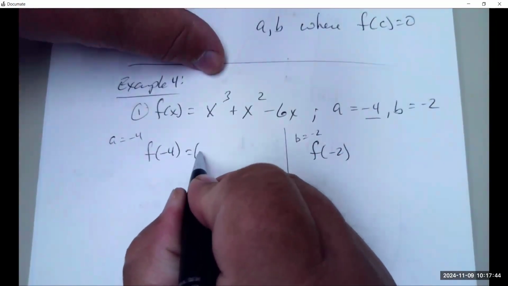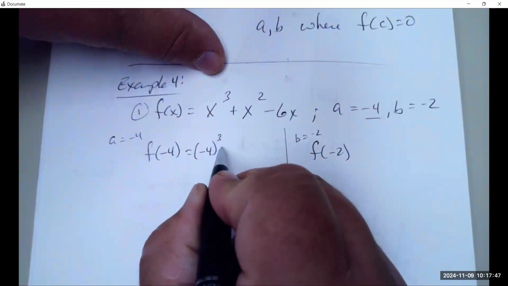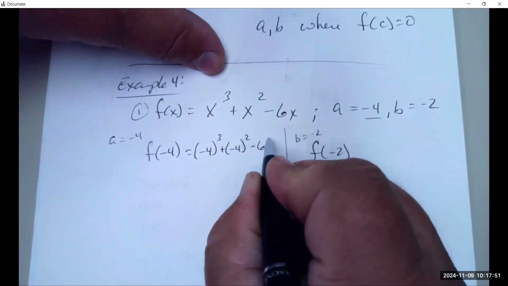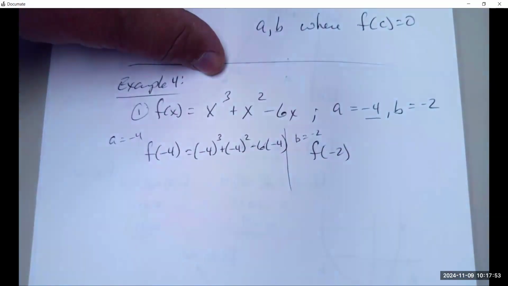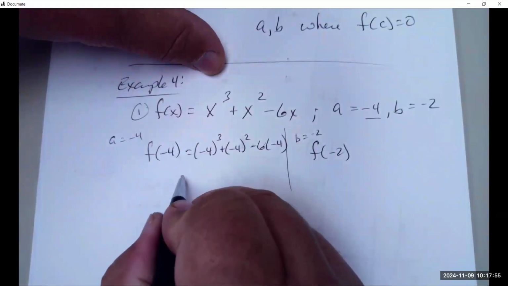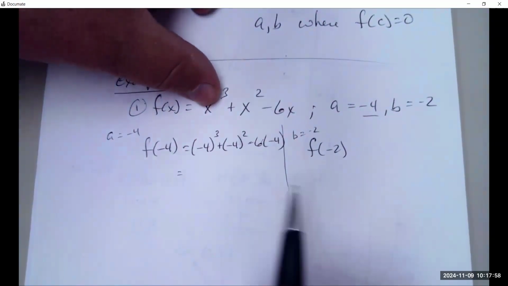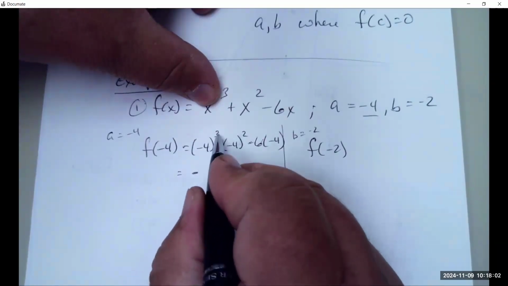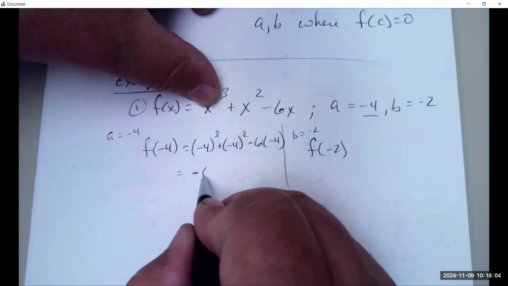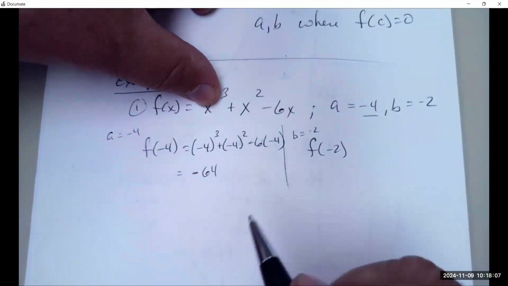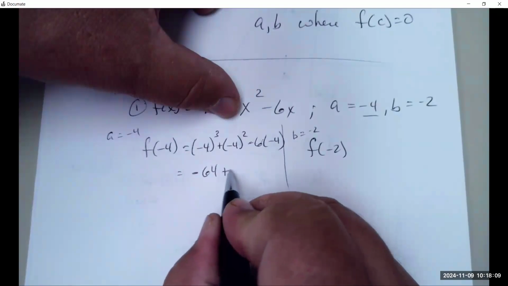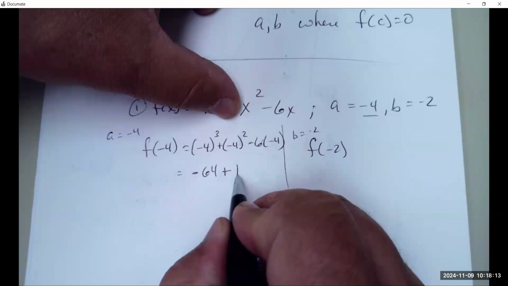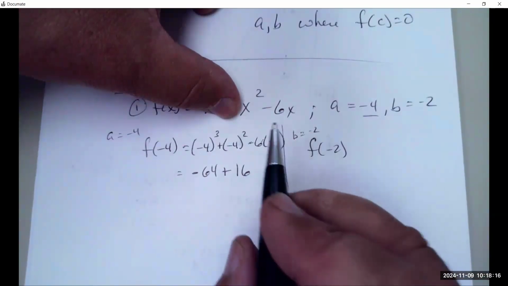So we have -4 cubed plus -4 squared minus 6 times -4. -4 cubed is going to be a negative answer because it's odd. 4 cubed is 64. Plus -4 squared: -4 times -4 is positive 16.